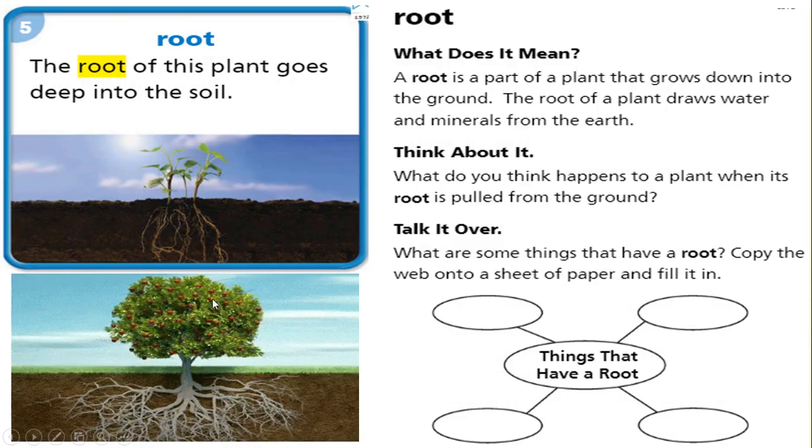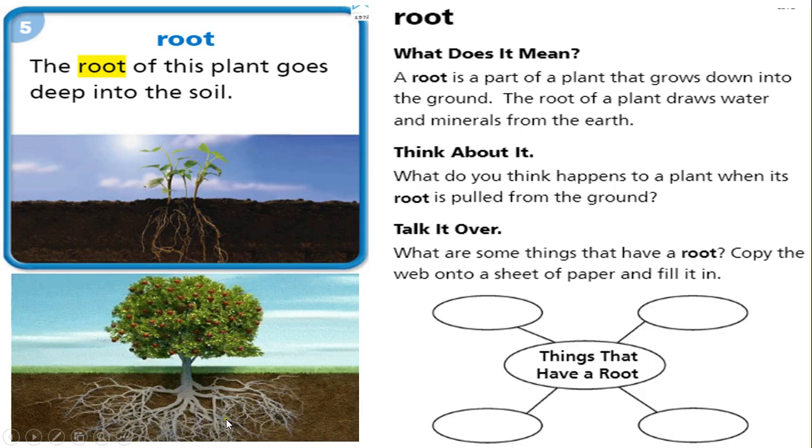The main purpose of it is just to transport water and minerals from the earth to the rest of the plant parts. So it absorbs the water and transfers it to the plant like this. Also, it takes the food from the soil like minerals and vitamins.